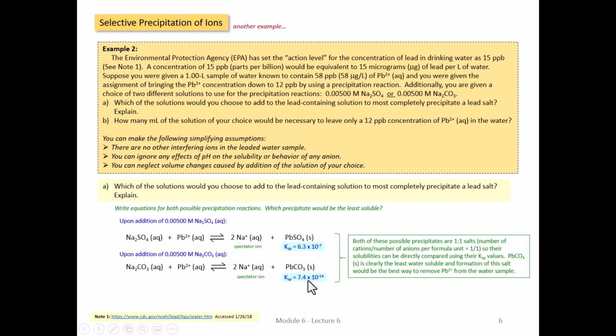And since the KSP value of lead carbonate is so much lower than lead sulfate, clearly lead carbonate would be the kind of precipitate you'd want to form to remove lead 2+ from the sample. So it looks like we're going to use the solution of sodium carbonate to drip in our 1 liter solution to try to drag the lead ion out as lead carbonate precipitate.